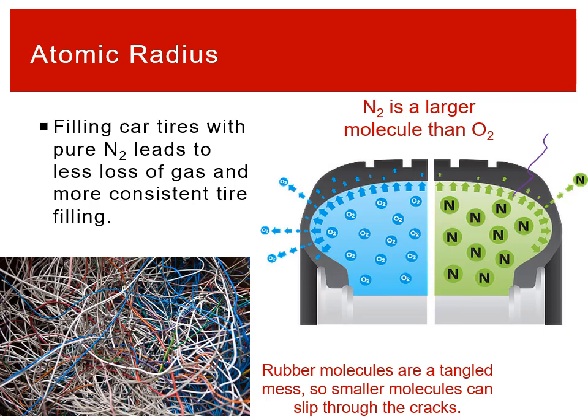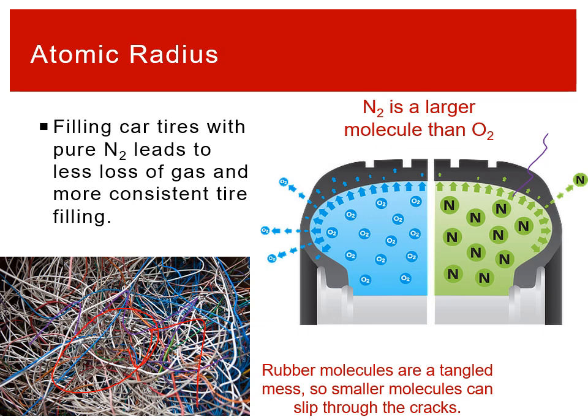Because nitrogen molecules are larger, the atoms are just physically bigger, it's harder for them to fit through that tangle of wires and make their way out. So the motivation behind putting only nitrogen in your tires is that it would take more time for the gas to escape, so you'd have more stable tire pressure. I'm not necessarily advocating that you should use nitrogen, but that is at least the mechanism.